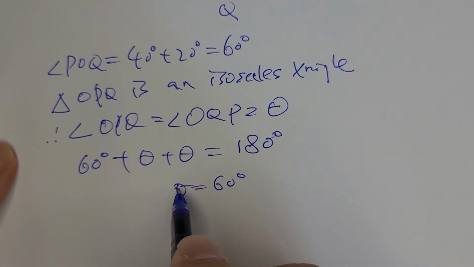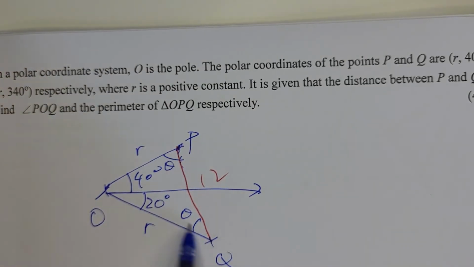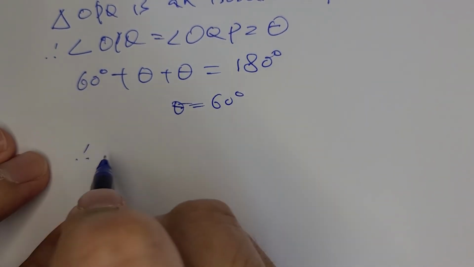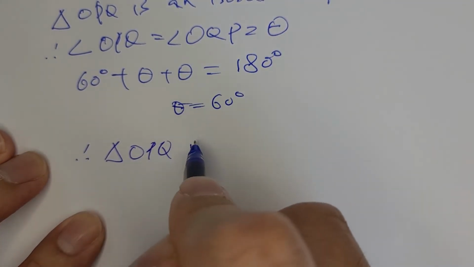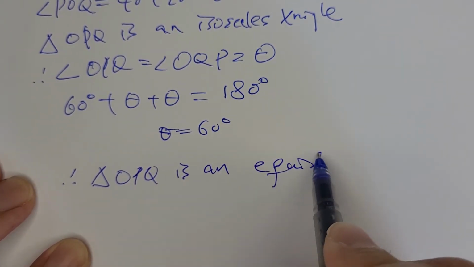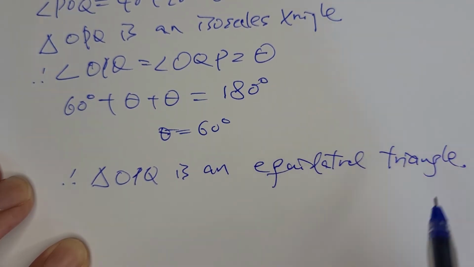Oh, what does that mean? When you go back to the figure, actually these three angles are equal. That means this is an equilateral triangle. Okay? Therefore, triangle OPQ is an equilateral triangle.